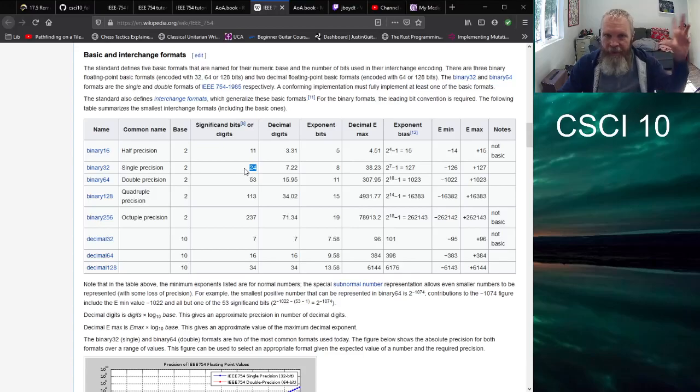There's sort of an extra bit that we imagine to be in place. But what's important for us is this value right here, the exponent bias. We need the exponent bias for doing the arithmetic.